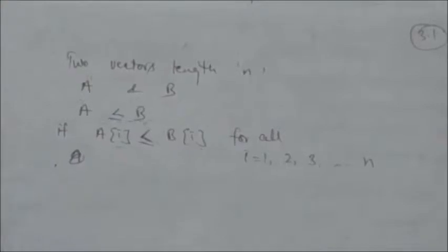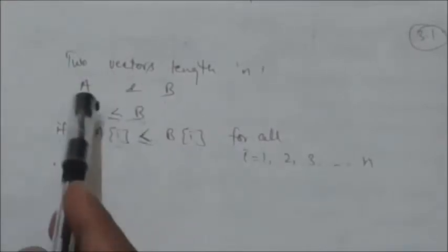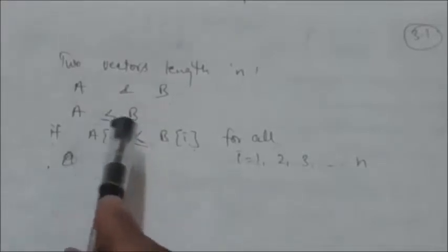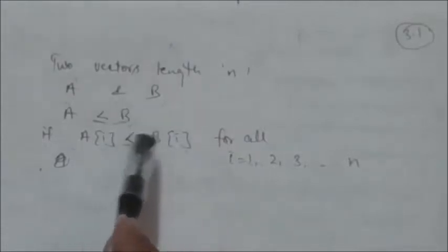It means that at every index i, the value stored in vector a is less than or equal to the value stored in vector b at the same index i.